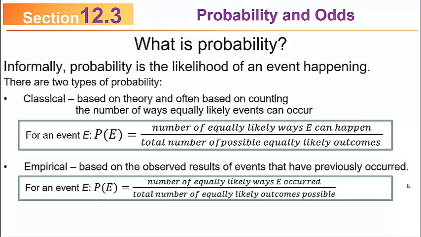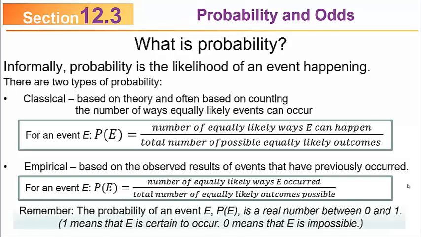So we're looking back to history and getting those numbers instead of basing it on theory. But the idea is the same in either case. And also remember that the probability of an event is always between 0 and 1. If the probability is 1, it means it's going to occur for certain. If it's 0, it means it's impossible and can never occur.